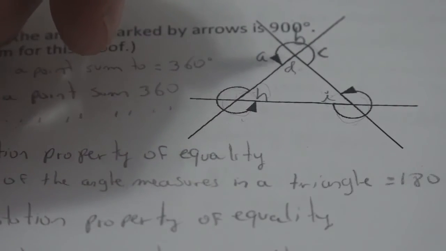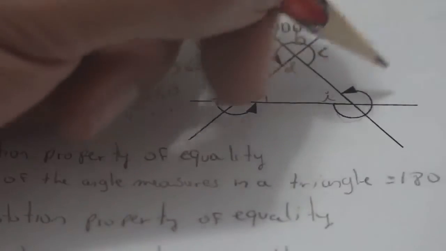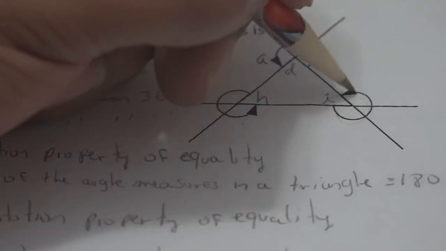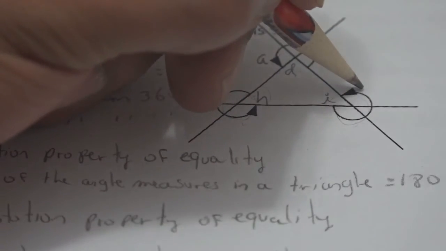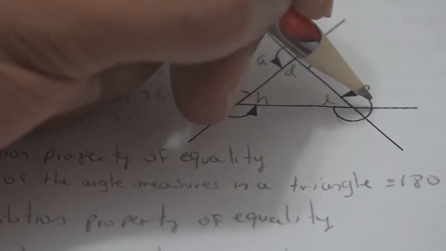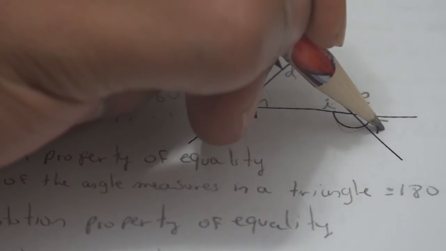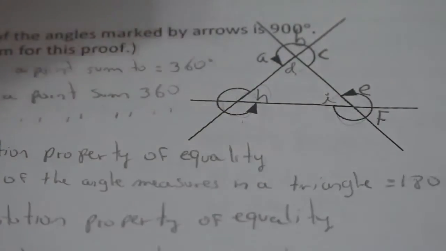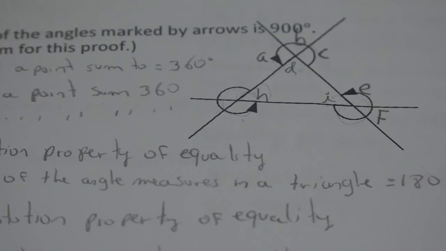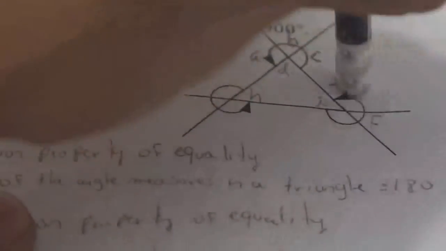Okay, I'm going to label this. Let me see. E, F. Am I doing it right? E, F, G. Oh no, sorry, not this one.